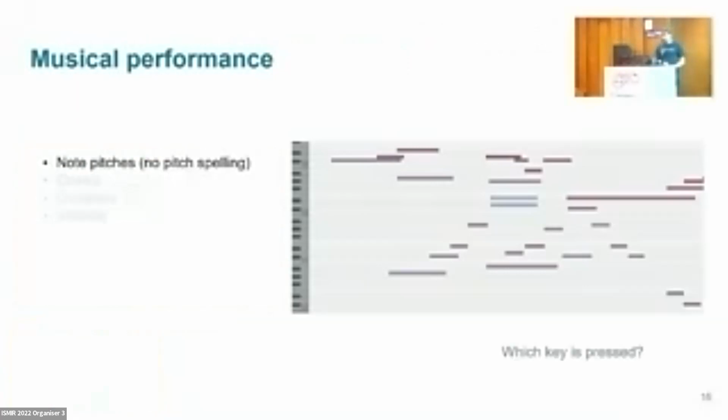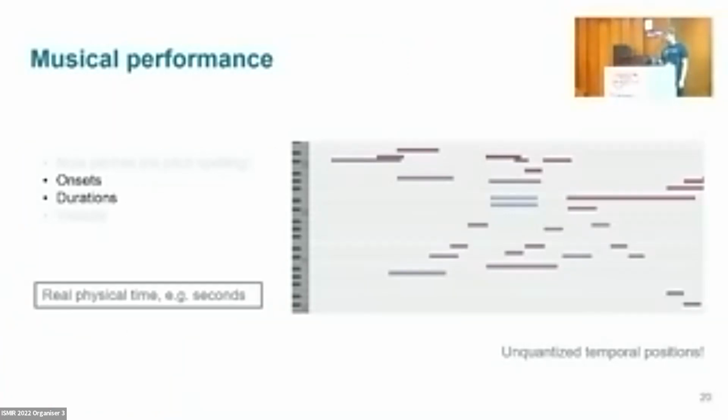Because you have note pitches, again, like before, this is still symbolic. This is encoded in the y-axis in this two-dimensional matrix that you see here. You have, again, onsets and duration, except that now these are not quantized.